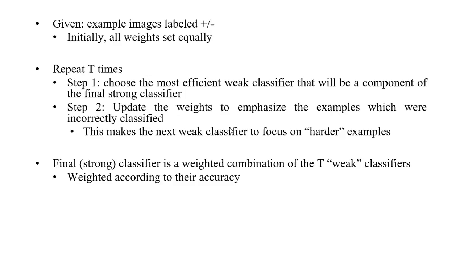By doing this we know which weight is effective and which is not effective. So this makes the next weak classifier focus on a harder set of examples. Now the strong classifier is finally obtained, which is a weighted combination of p weak classifiers, and the weights are according to their accuracy.